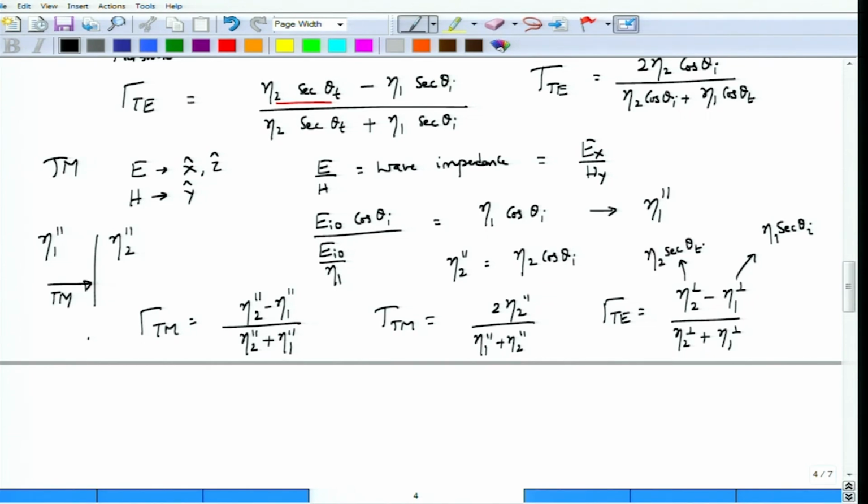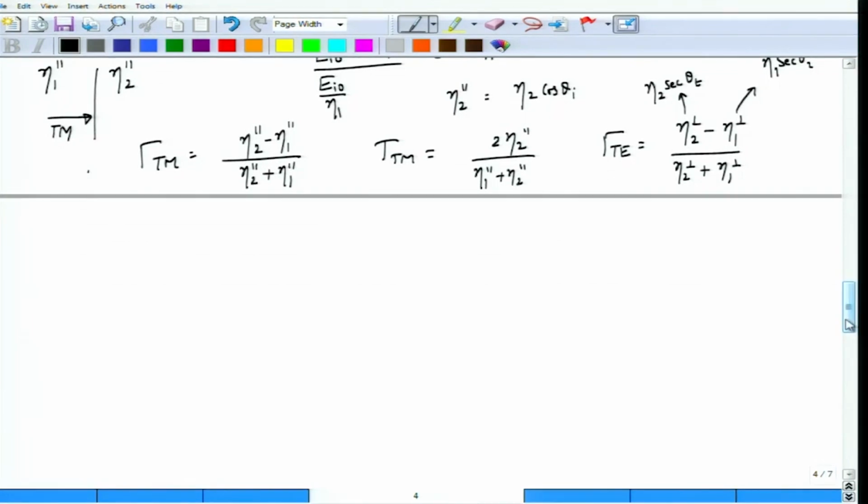These wave impedances are actually functions of the angle of incidence and angle of transmission. Okay. Let us try to sketch this gamma Tm and gamma Te to see whether we can discover something interesting. So, let us sketch gamma Te first.